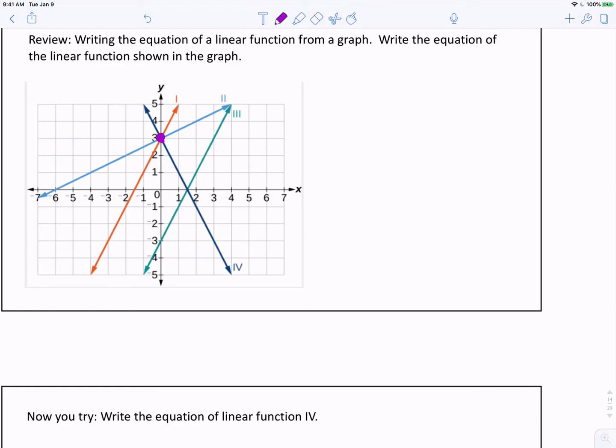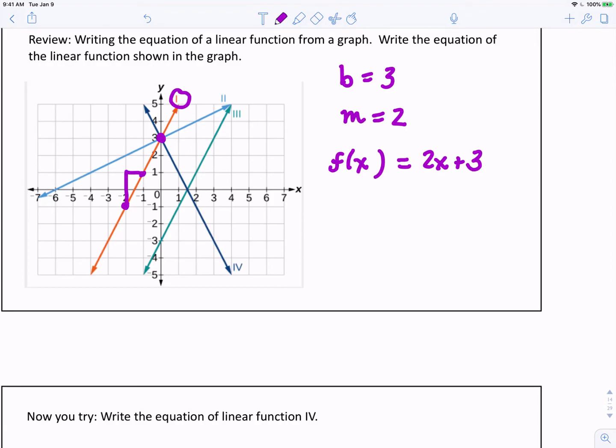I can see that it has a y-intercept of 3, and fortunately, the orange line is better than our last example, has friendlier points. If we want to find the slope, it's up 2 and over 1. In other words, the slope is 2. So the y-intercept is 3, the slope is 2, and so this orange line, which is function number 1, would be f of x, y, is equal to 2x plus 3.